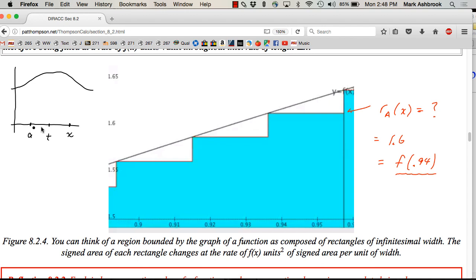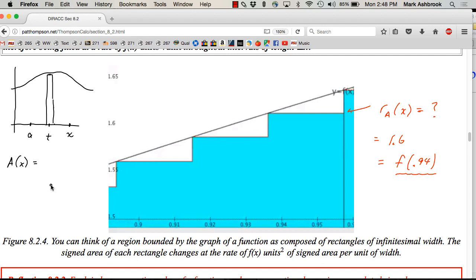That's increasing through small intervals from A to X. So now the book uses this notation.